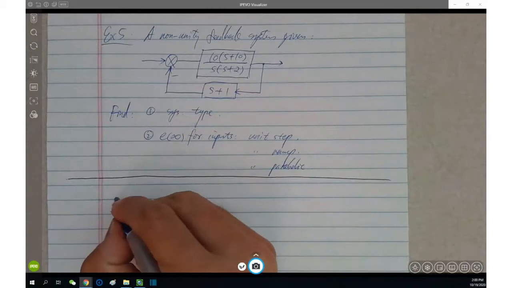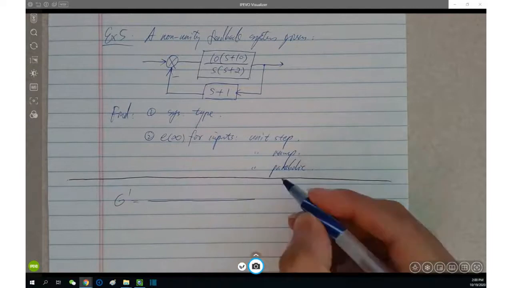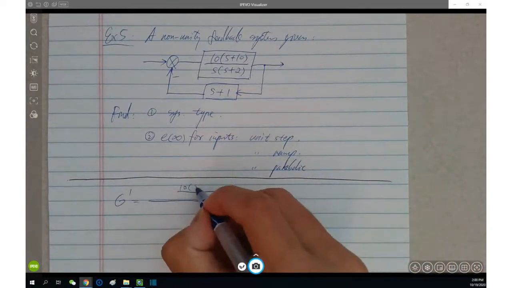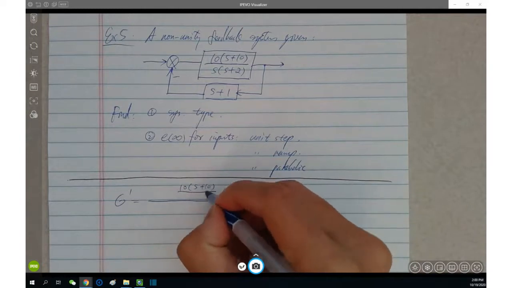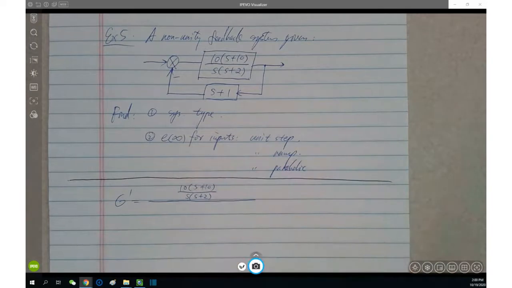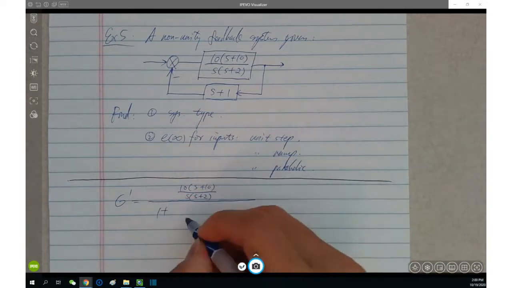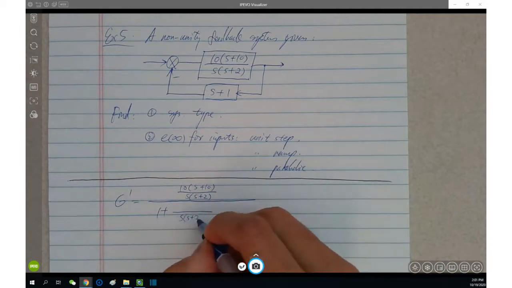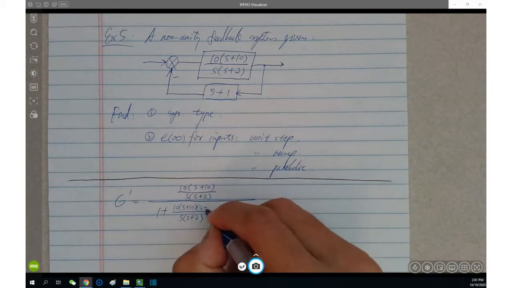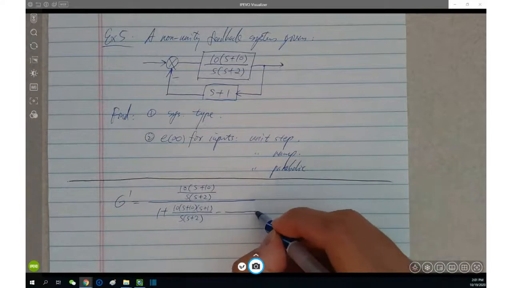So forward transfer function, G prime, is just equal to: numerator is original G itself, and denominator is 1 plus G times H, minus G.